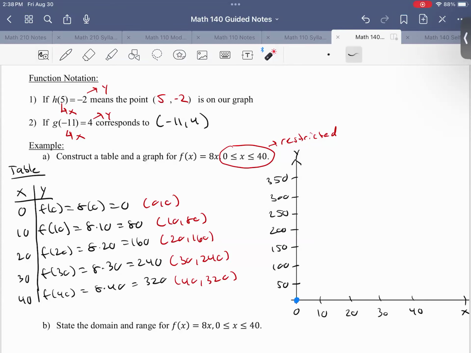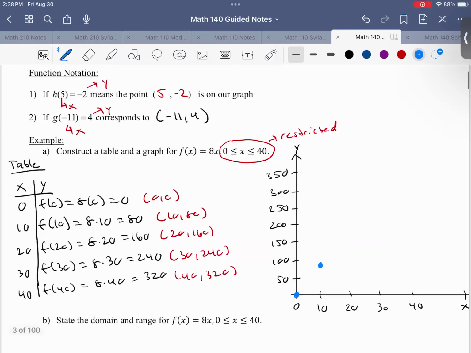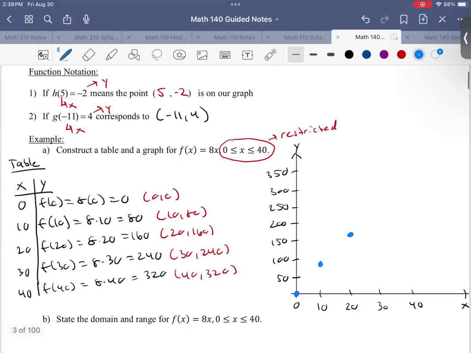We have the point (10, 80), which could be somewhere just shy of 100. We have the point (20, 160), somewhere just above 150. (30, 240), just shy of 250. And (40, 320), somewhat in the middle of 300 and 350.